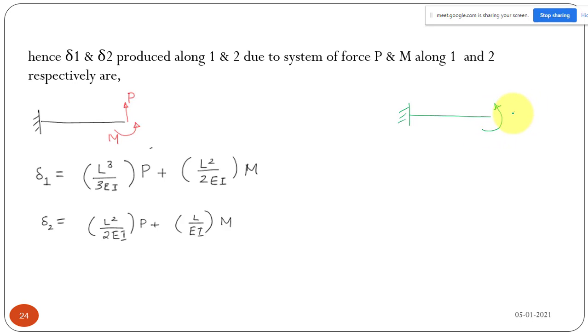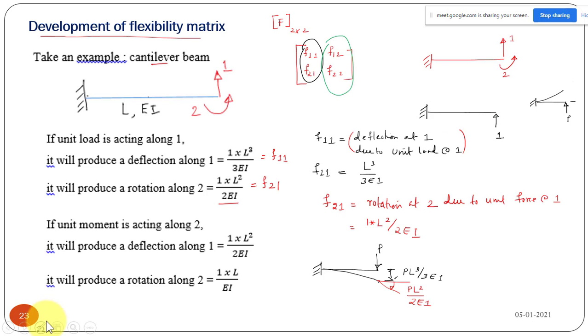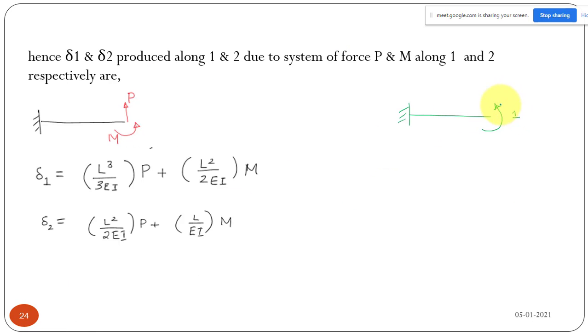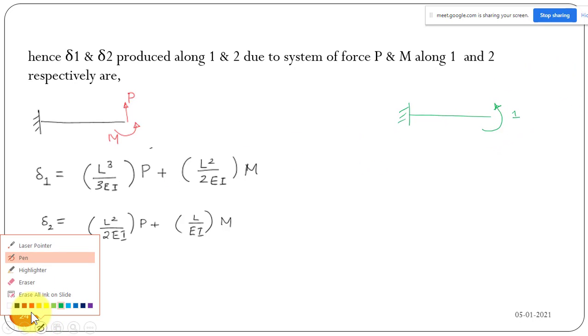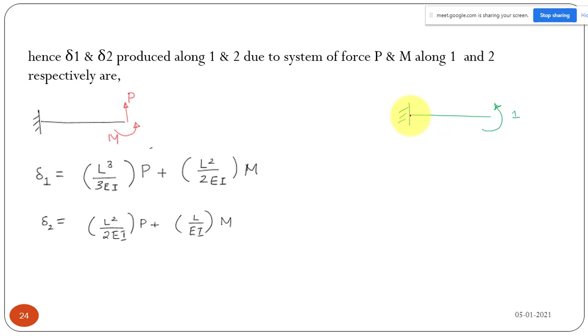If you apply a unit moment like this, it may deflect like this, and we will have some rotation theta and also some deflection.